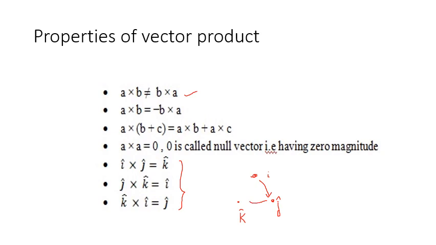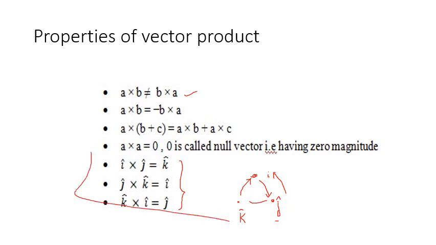And when you multiply k and i, you will get the third term, j. So imagine like this. What about the negative side? When you multiply j and i, the cross product of j and i, you will get minus k. Whenever you are going in reverse direction, anti-clockwise direction, you will get negative values.